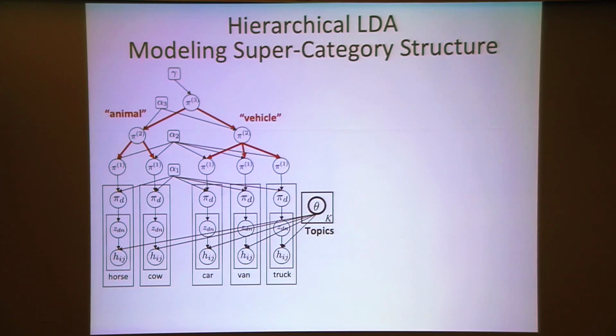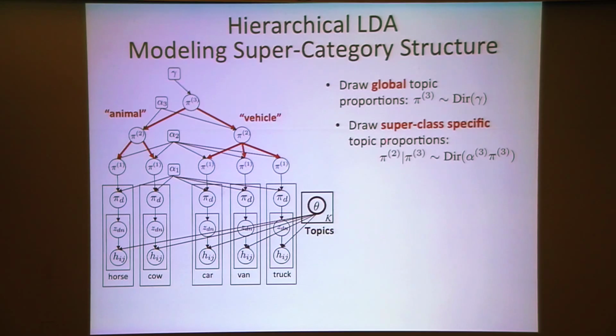Now, one question is, can you extend this model to modeling hierarchies? Because that's what we're after. It's a very simple extension. You draw global topic proportions, and these come from some prior. Then there is a notion of superclass-specific topic proportions. So the animals supercategory might have certain high-level features, whereas the vehicle supercategory might have certain other high-level features.